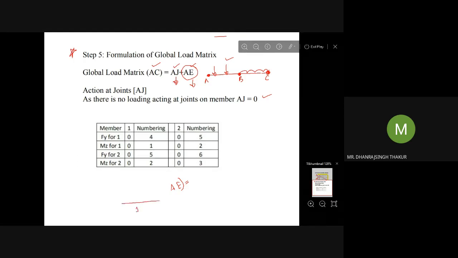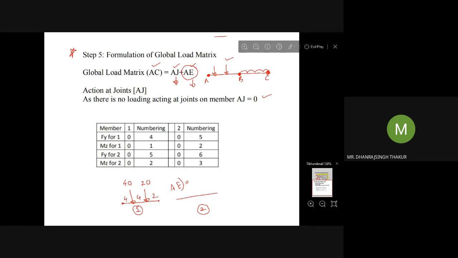This is member 1 and this is member 2. You just separate both the members. And these are the loadings on the members. Okay, this is 40 kilonewton and this is 20 kilonewton. And these distances are 4 meter, 4 meter, 2 meter.